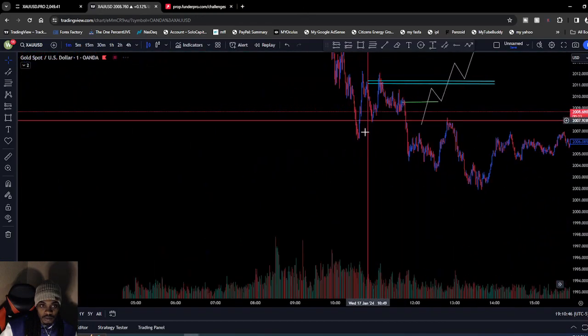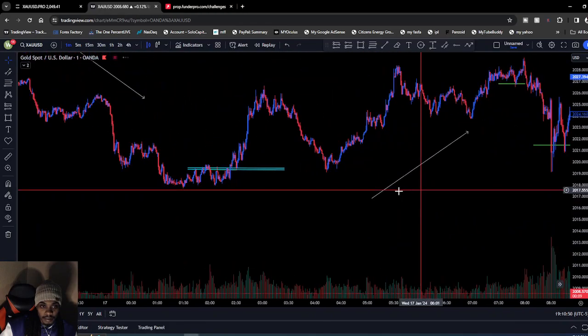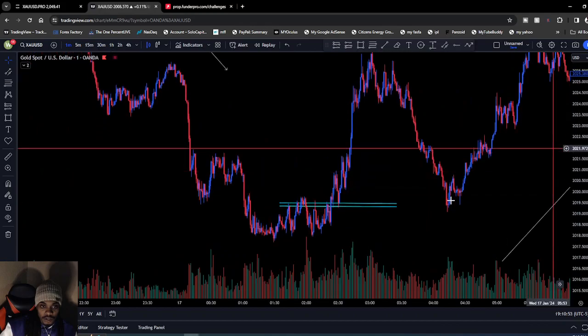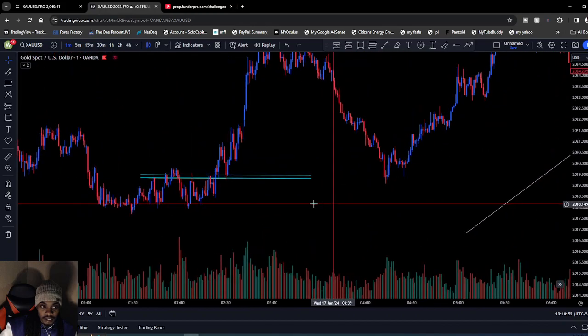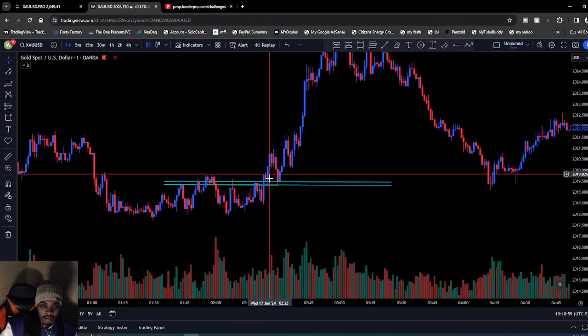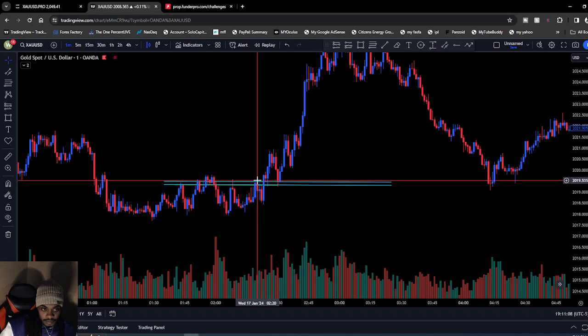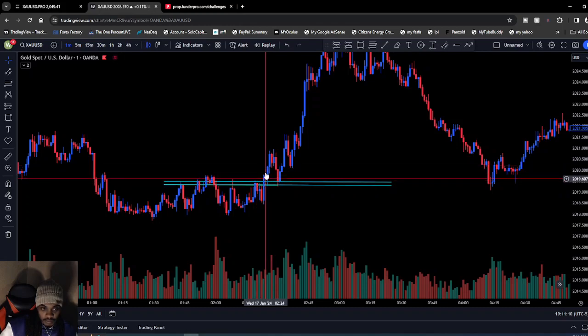Where was we at? We're right here, okay. Or you can come down to the 1 minute and trade the breakout or the break and retest, or when you get an engulfing candle after a break and retest in your favor, which would be this candlestick formation right here.